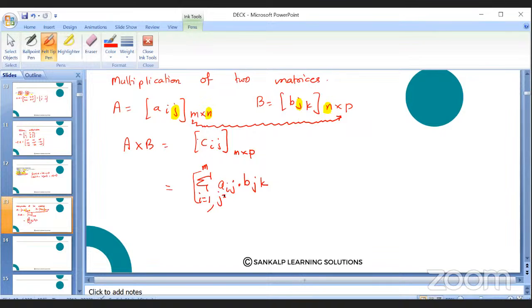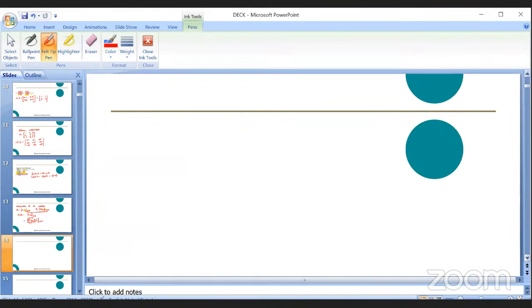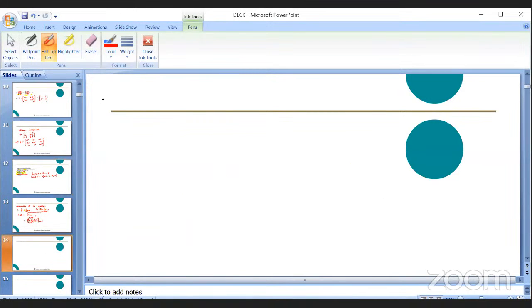J will be from 1 to n. And k will be from 1 to p. This matrix will be of order m by p. What do you mean by this? When you expand multiplication, what do you mean?